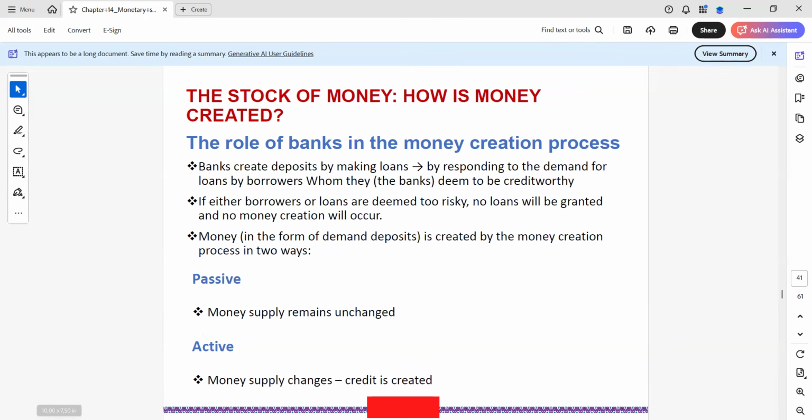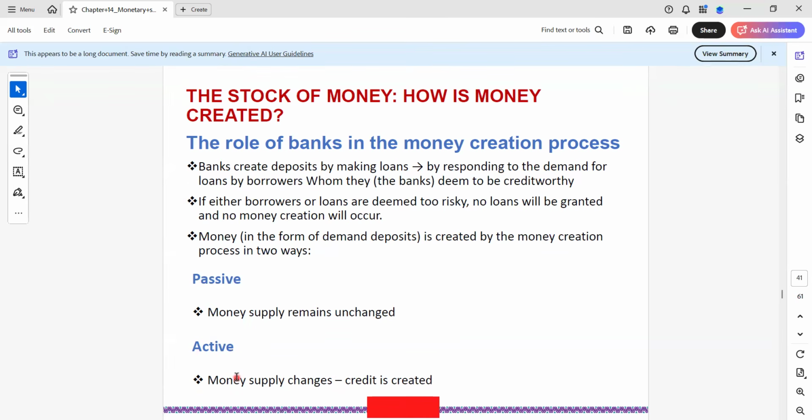So with the active balance, money supply changes. It changes when credit is created. So let's say for example the interest rate is high, so you keep your money there at the commercial bank, right?